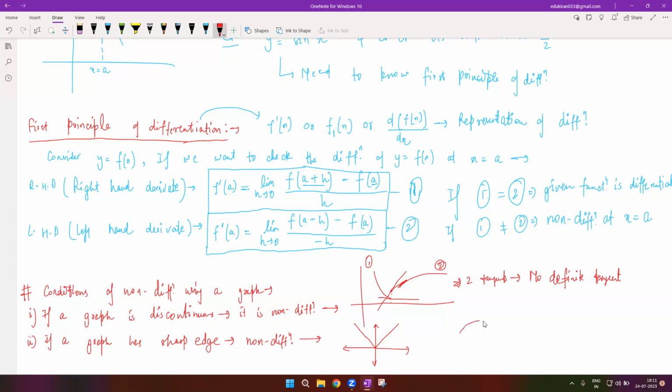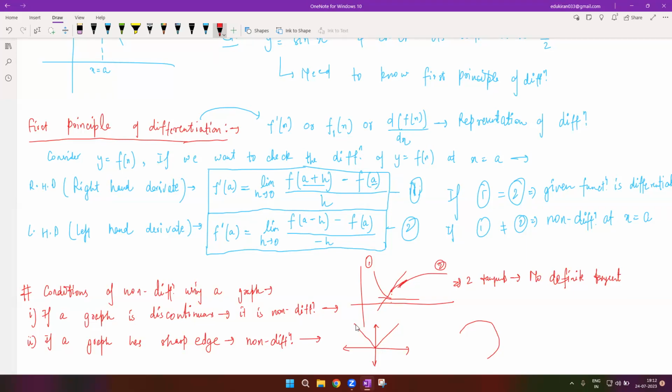If a graph is turning like this, these are smooth edges. There is no sharp edge here because the graph is not turning suddenly. The graph is turning smoothly, right? But in this case, the graph is turning back from this point, x equals 0, at 90 degrees. So this is basically reflecting back. This is just like the image formed by a plane mirror.